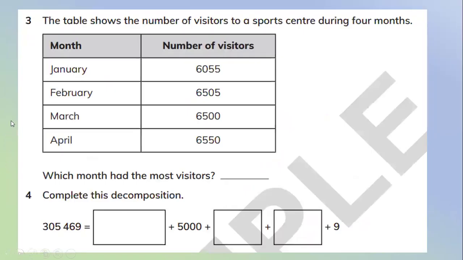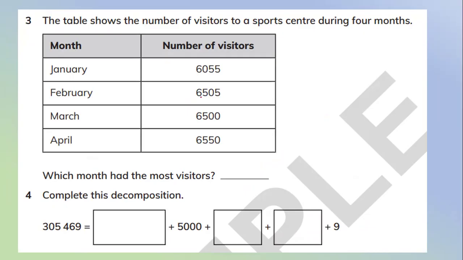Number 3, the table shows the number of visitors to a sports center during 4 months: January, February, March, and April. Numbers of visitors, all the months are over 6,000. Okay, which month had the most visitors? Means the largest amount of visitors.